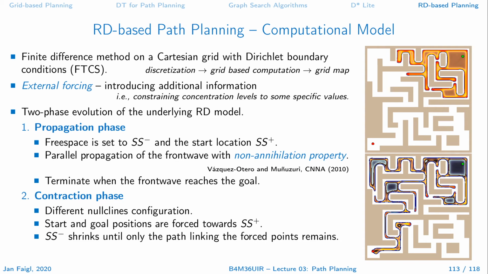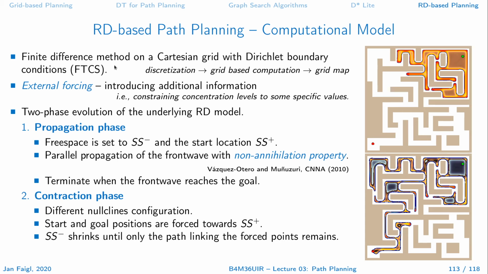What we also did here is propose a two-phase evolution of the underlying reaction diffusion model. There is a propagation phase where the free space is forced to steady state minus, and the start location is forced to steady state plus. As I described previously, when we introduce the perturbation, the system tends to steady state plus.